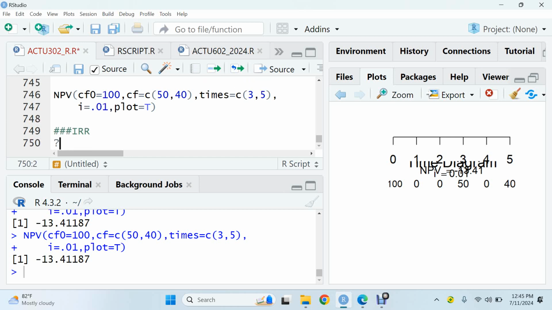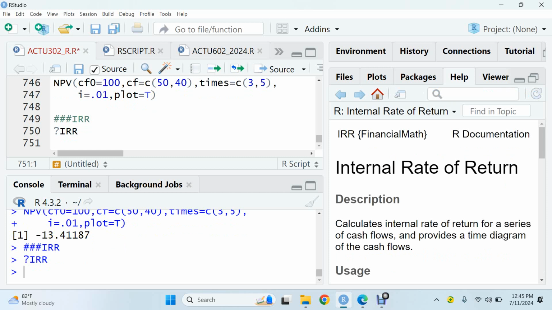Okay. So IRR, the function is what? IRR. So you can look at it here, or you go to the package, the vignette for the package. So it also calculates the internal rate of return for a series of cash flows. Now, from what you know, when we want to find internal rate of return, how do we find it?